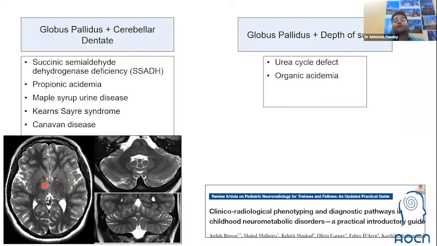So there will be involvement of the symmetrical globus pallidus as well as the dentate. If the imaging has been done in juvenile SSADH, there might be cerebral or cerebellar atrophy. If there is globus pallidus involvement along with the depth of the sulcus, then the likely diagnosis would be urea cycle defect and organic acidemia.